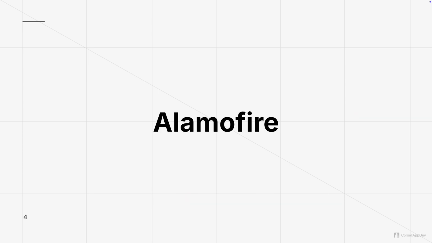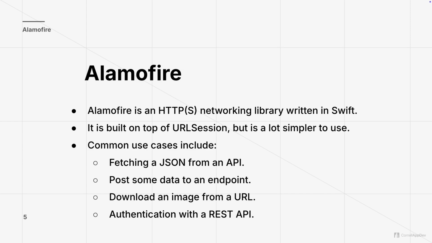Okay, so real quick, just want to go over this thing called Alamofire. Alamofire is an HTTP networking library that's written in Swift, and it's built on top of the base Swift class called URLSession, which is how you would make these network requests if you didn't have a package.